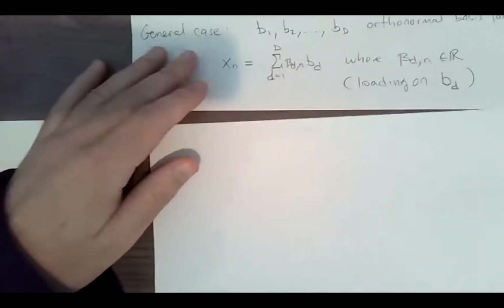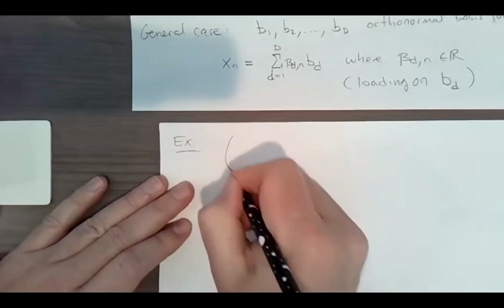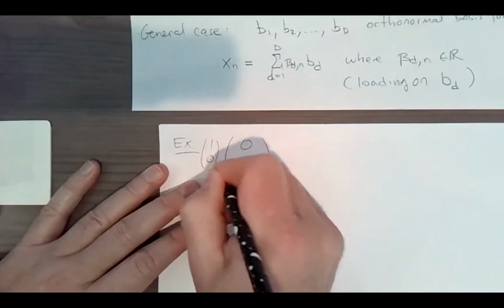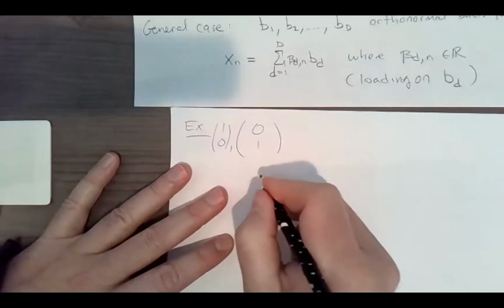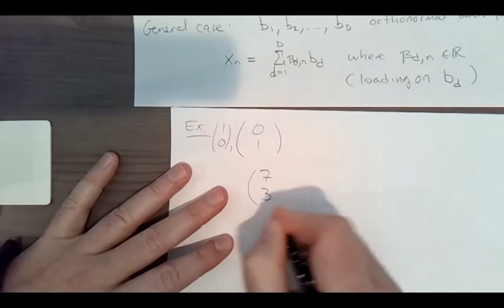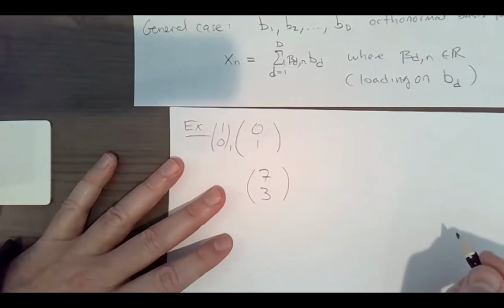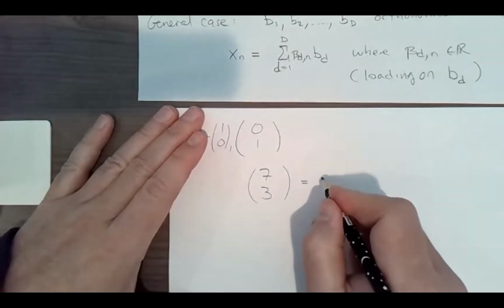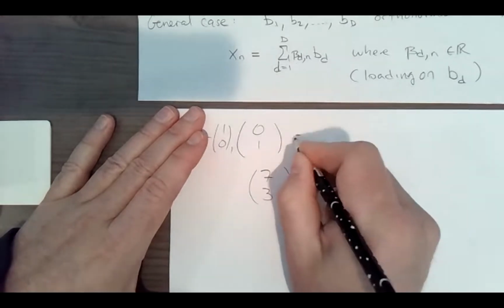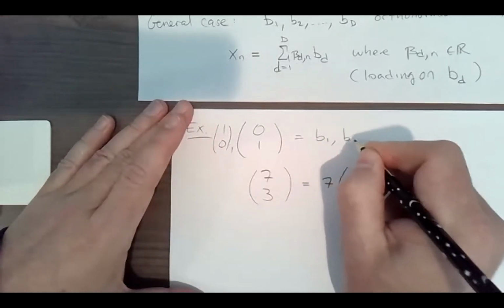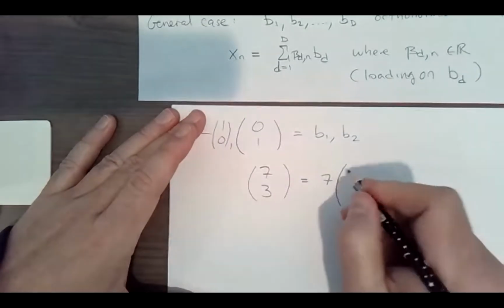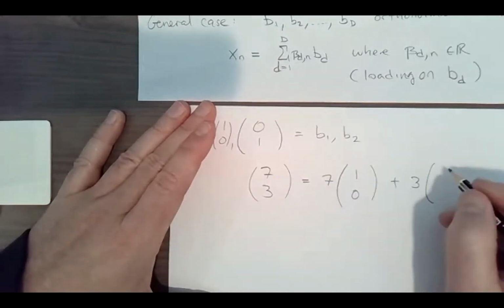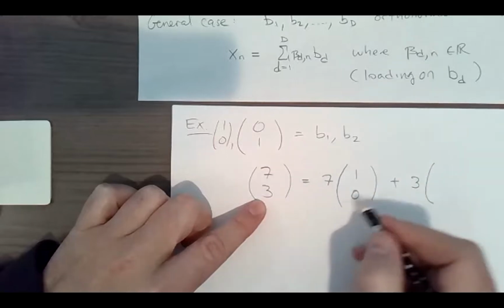So there's nothing mysterious about this. Again, as an example, if I'm looking at a two-dimensional object with the standard basis, and I were to write the element 7 and 3, I would write this as 7 times (1, 0) plus 3 times (0, 1).